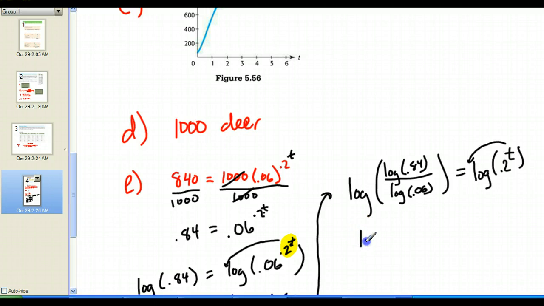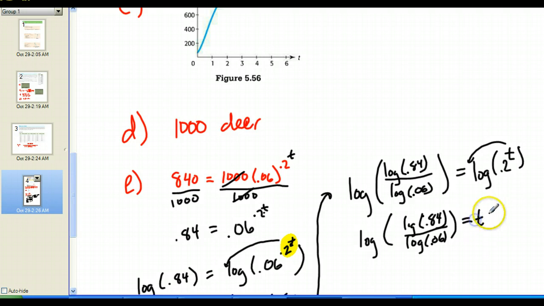So I get the log of 0.84 divided by the log of 0.06 is equal to t times the log of 0.2. Right, because that t gets to come down in front.